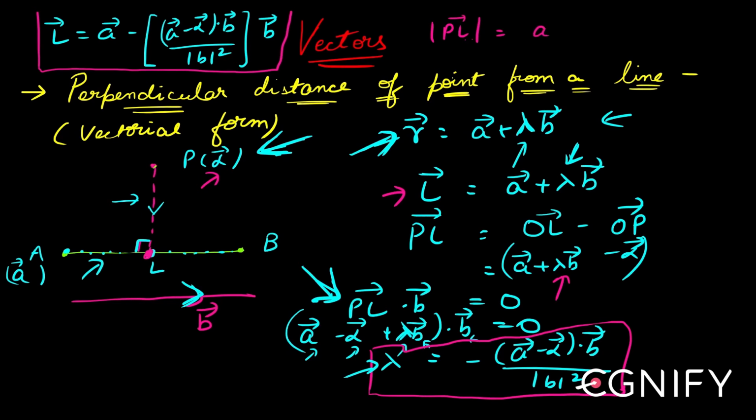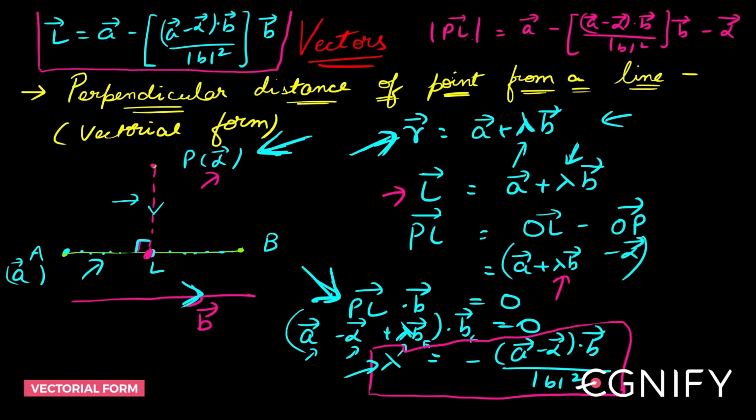So basically this quantity that you see here, a bar minus (a bar minus alpha bar) dot b bar by mod b square into b bar, minus alpha bar, this is the vector that I need. I'll just take the mod of this, and what I'll be getting is the length of this pink line, which is the distance.